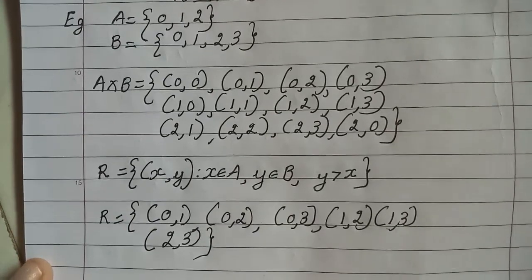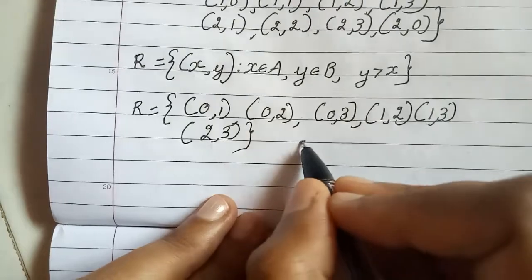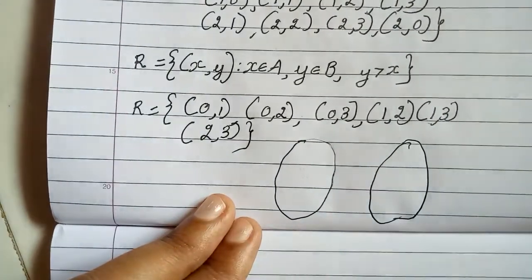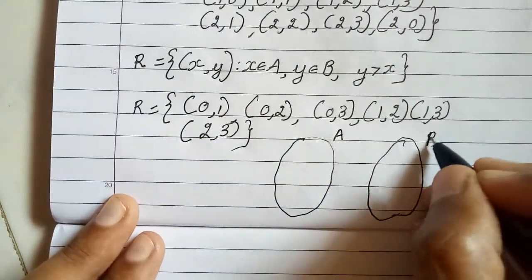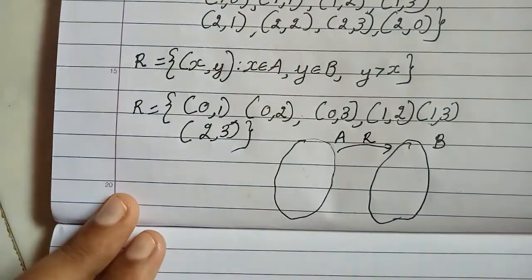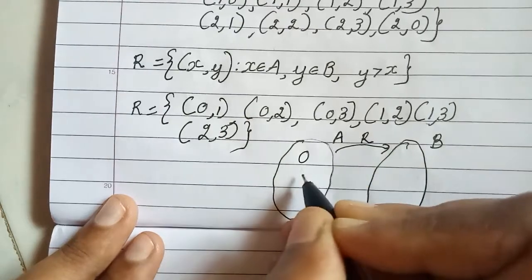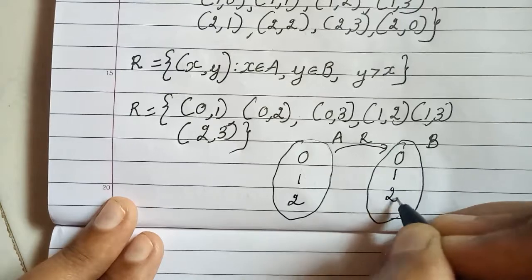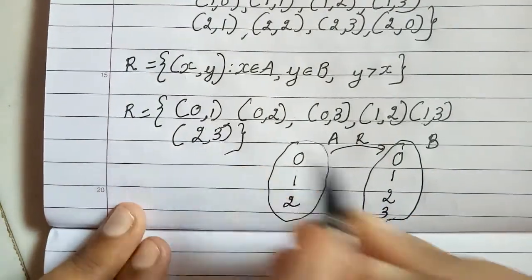Now if you want, you can show it with the help of an arrow diagram. If I have a set A and a set B and the relation R, in this pictorial representation I write the elements of A: 0, 1, 2. On the other side, I have 0, 1, 2, 3. Under this relation, what happens?